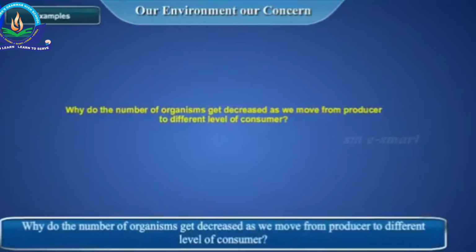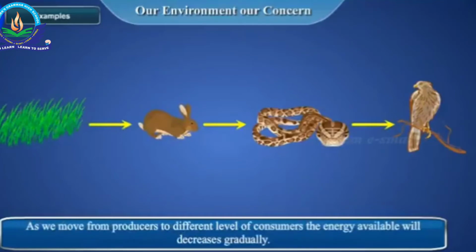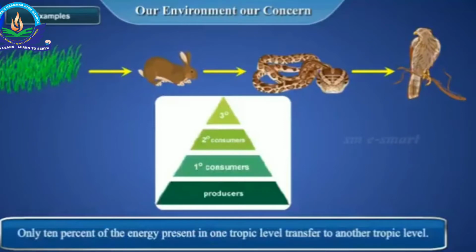Why does the number of organisms decrease as we move from producer to different levels of consumers? As we move from producers to different levels of consumers, the energy available decreases gradually. Only 10% of the energy present in one trophic level transfers to another trophic level.